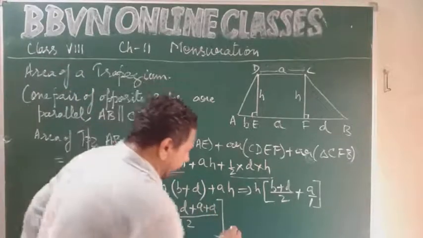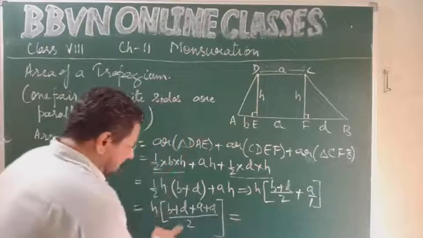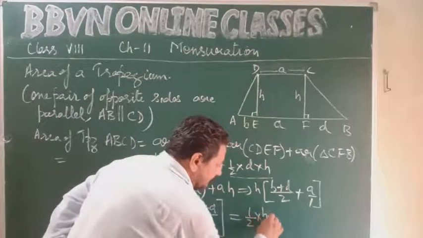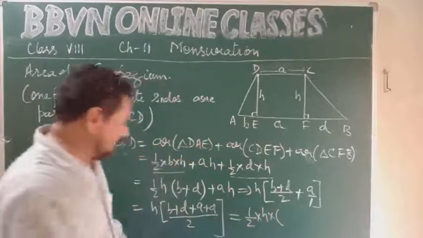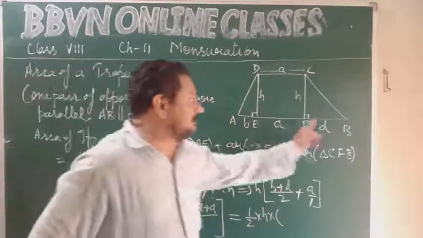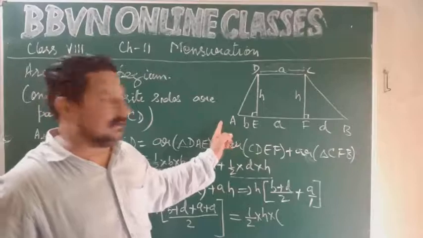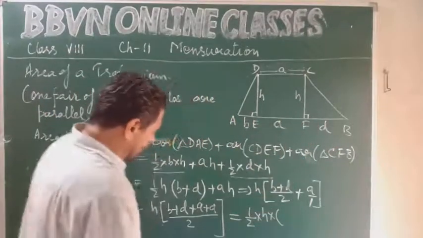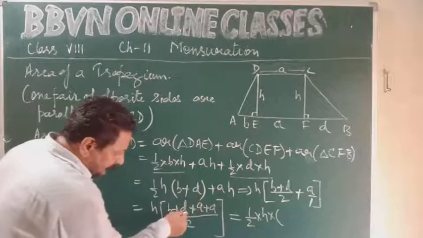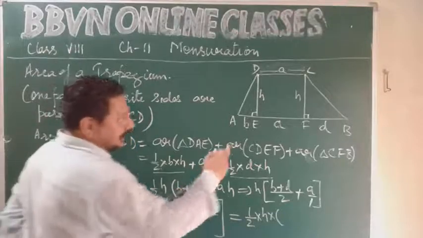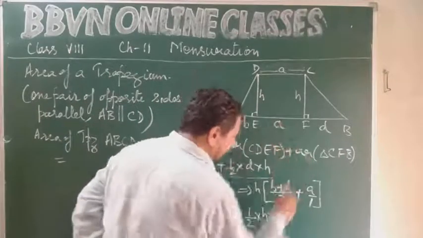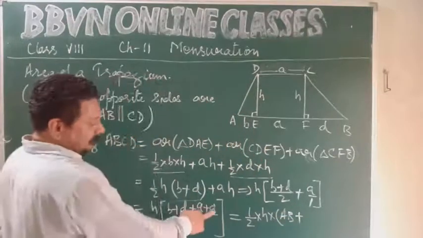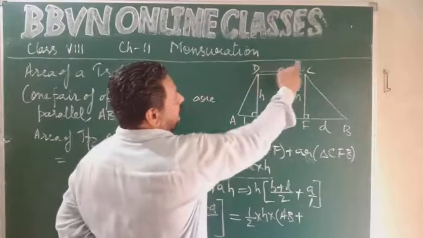Now children, we got the formula h upon 2, or in other words you can say half into h into. Now you see, what is entire AB? Length of entire AB is a plus b plus d. So a plus b plus d, this becomes the entire length of side AB plus a. What is a? Length of CD.